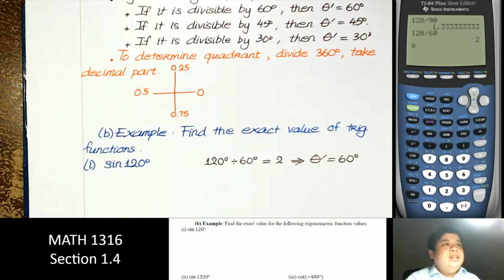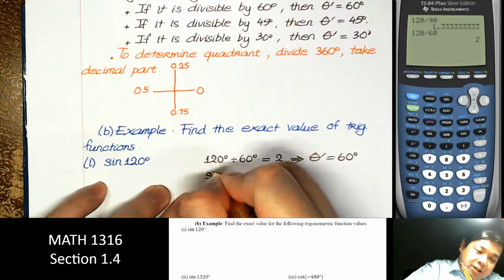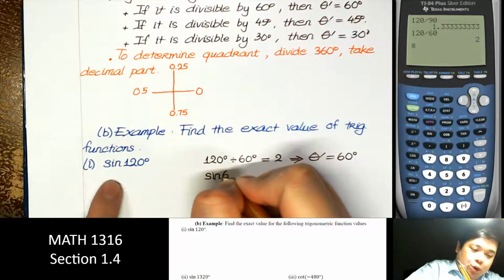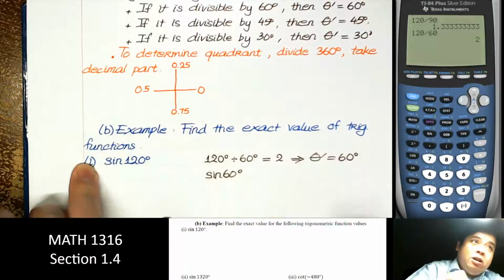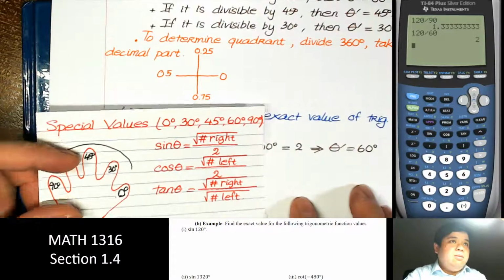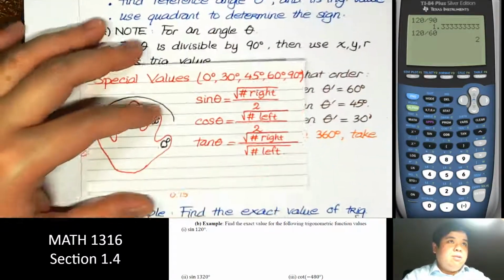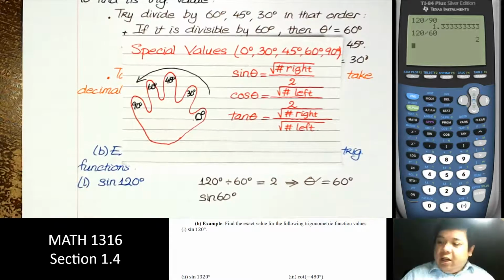Right, like I said, the question usually just asks us about the special values, so we have that. 60 degrees. Now next, what is sine of 60 degrees? Now we do the same trig function for the reference angle. Sine of 60 degrees, right?